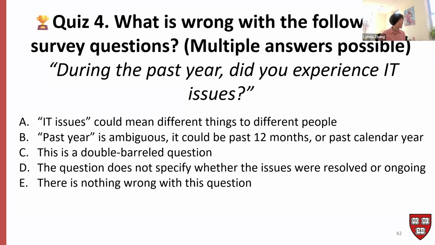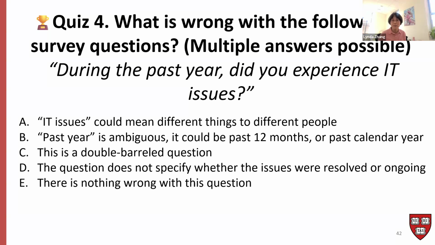Another 5 seconds. Okay. So the correct answers are A and B, and most of you have answered it correctly. "IT issues" is a vague term. One person might think it means not being able to log into an email, while another person may think it's major system outages.